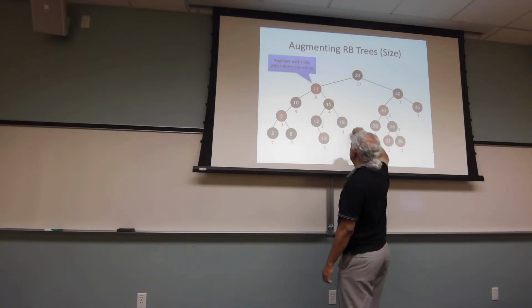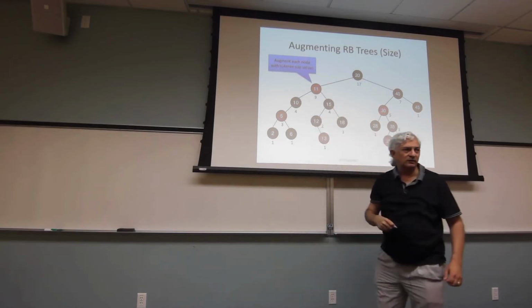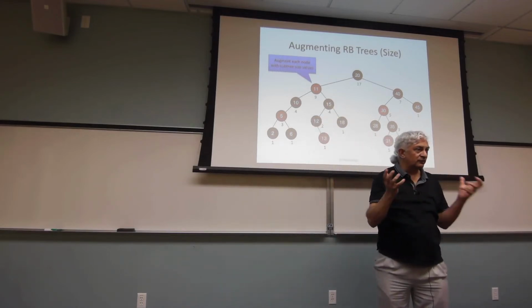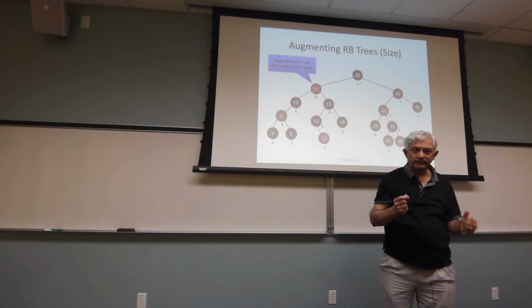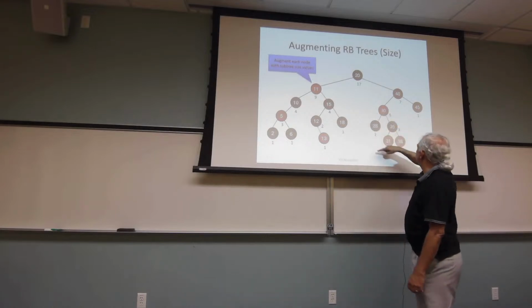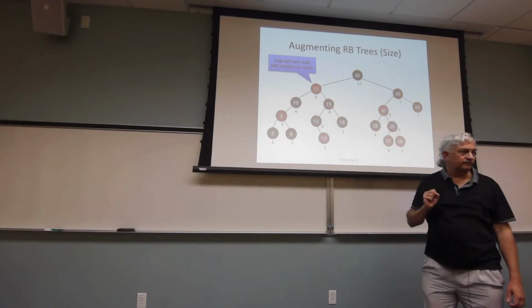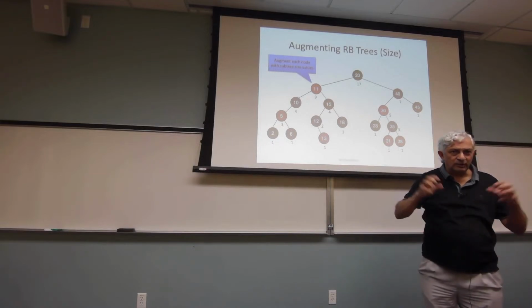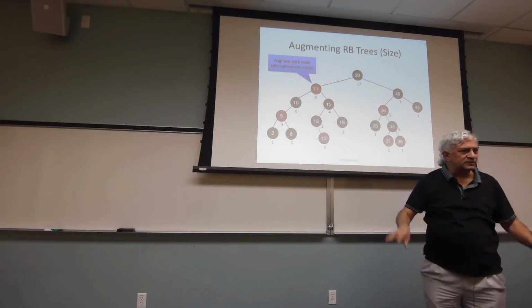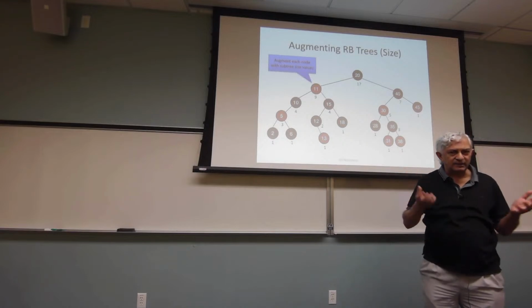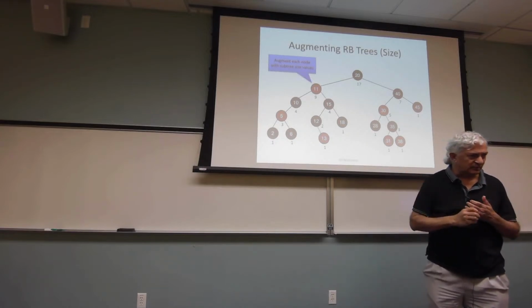What you'll see is that this entire subtree here falls in that range. This entire subtree here falls in that range. So without having to actually go through the nodes in that subtree, I can add things up and give you answers pretty quickly.